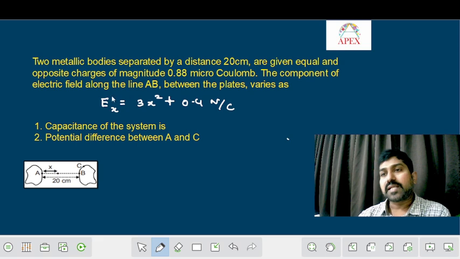So here the electric field is variable. In this particular case, if you want to calculate the potential first, how can you write the formula for potential?